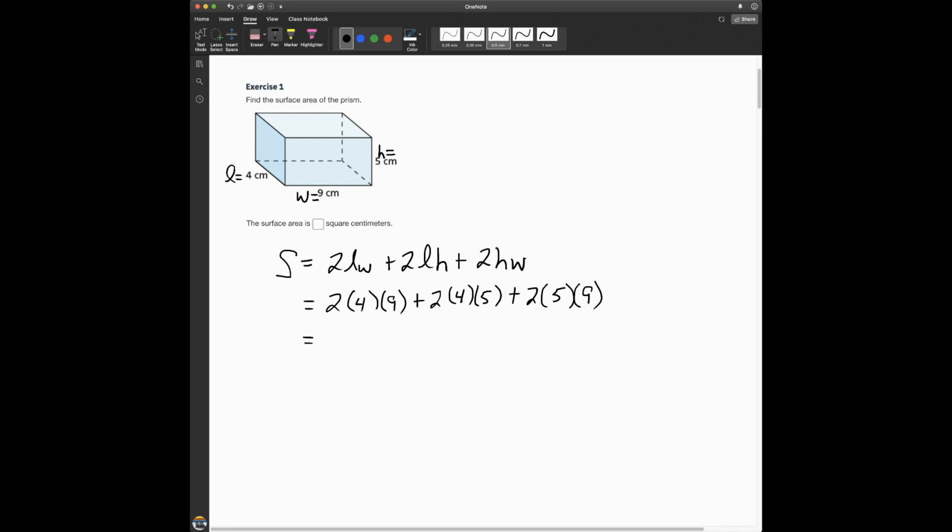So 4 times 9 is 36. 36 times 2, that's 72. 4 times 5 is 20. 20 times 2 is 40. And 5 times 9 is 45. 45 times 2 is 90. And I add all of those numbers together. 40 plus 90 is 130. 130 plus 72 is 202, and my units are centimeters squared. So there is the answer to the first problem.